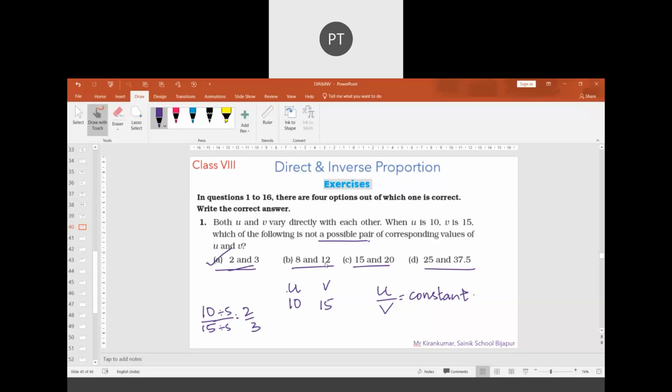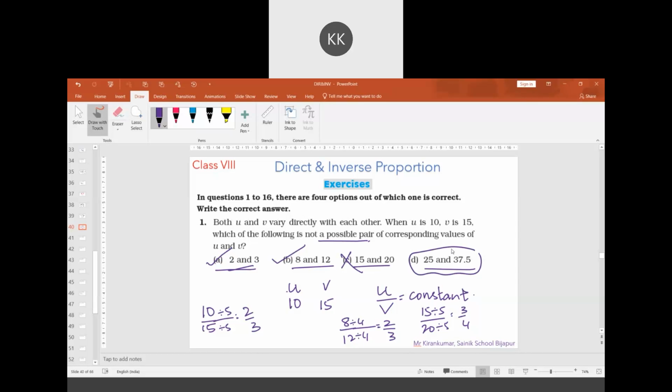If you consider 8 by 12, dividing by 4, we again get 2 by 3. So this is possible. In the third one, 15 by 20, if you divide this by 5, what do we get? 3 by 4. So this is not possible.